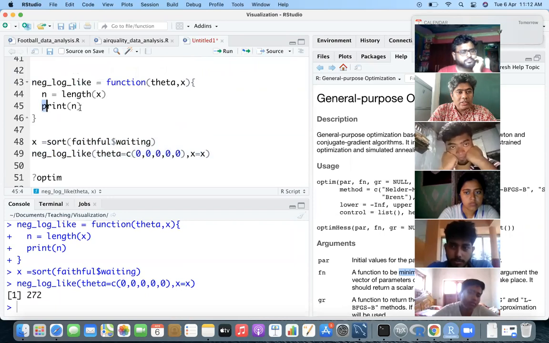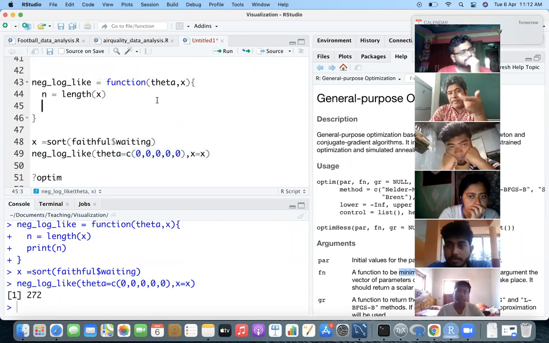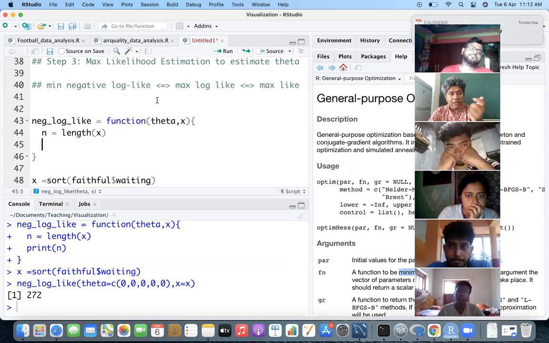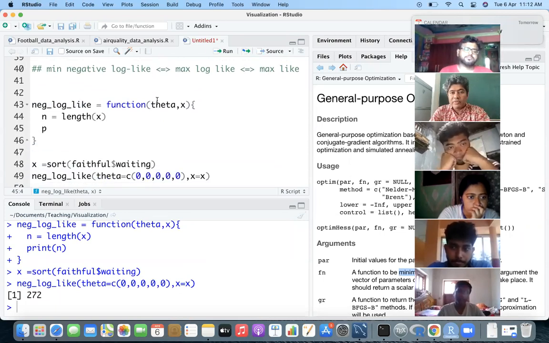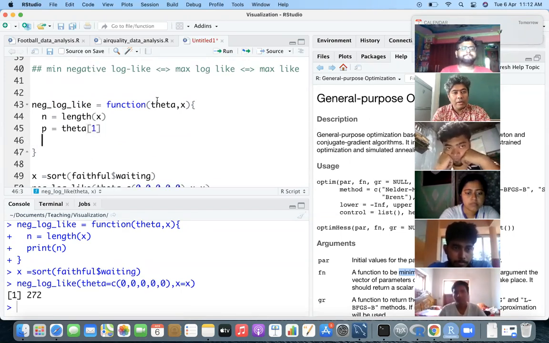Fine. Next, I'm going to read the thetas. When I'm saying theta, it will be a vector of 5 values. Let us take the first value, theta 1, as mu 1.